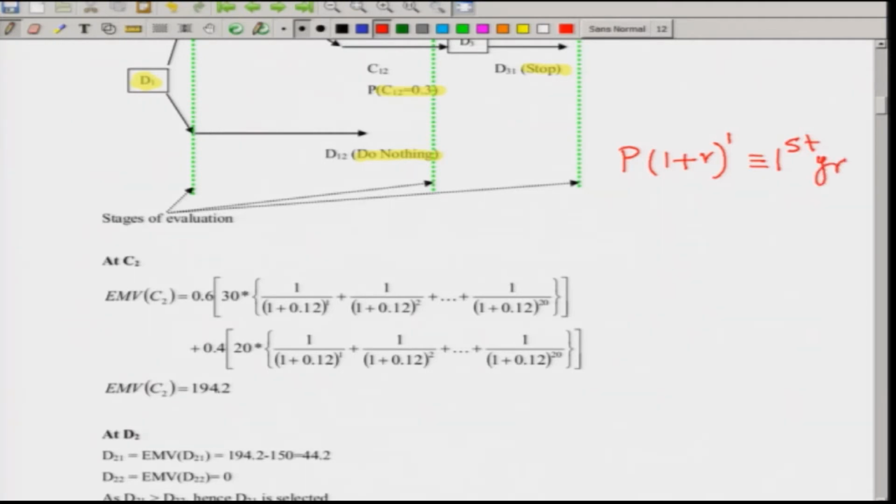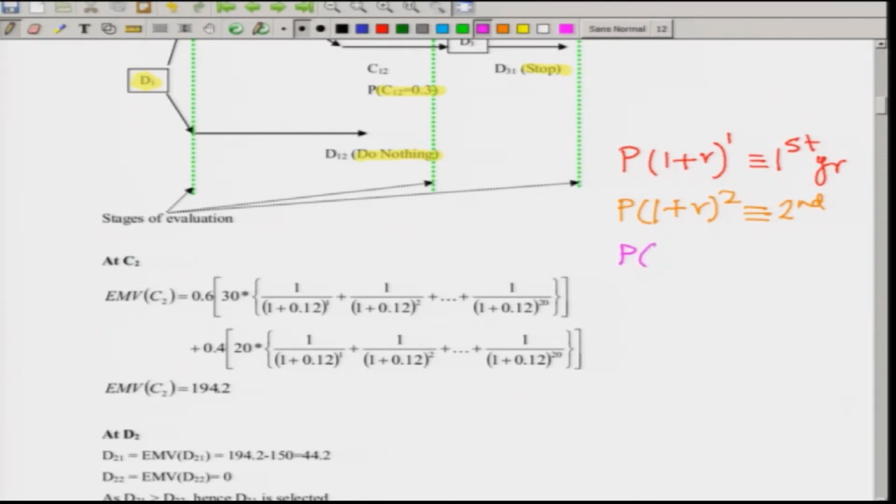Say, for example, you find out the value after the second year. Let me use a different color, so it will be easy. P plus, and I am not taking out the money in between. This is the value after the second year.